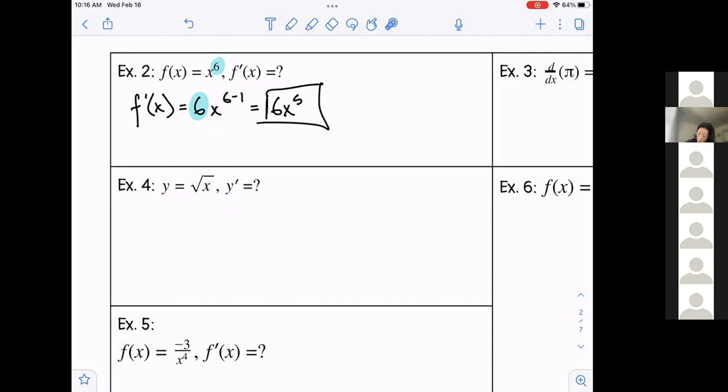Wait, I see a question. Would x equal the slope? No, x is the point on the graph. Whatever the x value is tells us where the point is. Because when you said you were plugging in 0, then 0 would be the slope?